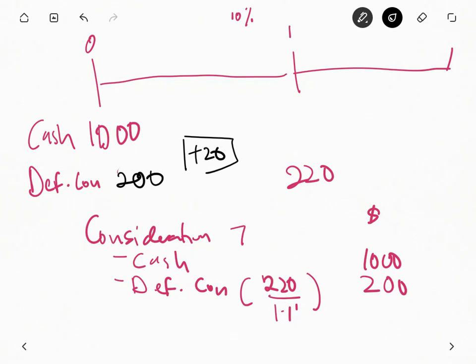So I'm going to have a liability of 220 at the end of the year. And there's a finance cost of 20, which will affect my retained earnings. Expenses, right? Finance cost, profit down. Okay, so this question, we do have a deferred consideration. So it affects your finance cost, affects your liability. Of course, your goodwill also.